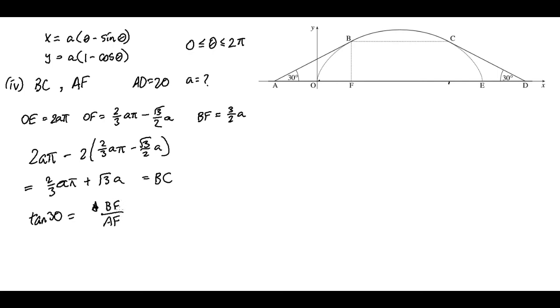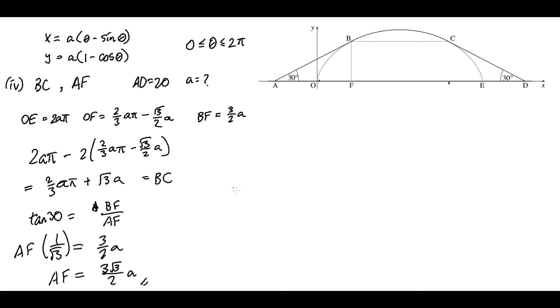We know BF is 3/2 a, and we know tan 30 is 1 over root 3, or root 3 over 3. So 3/2 a, and just multiply AF to the left, you get AF times this equals that, and so you know that AF, by multiplying by root 3, is 3 root 3 over 2 a.